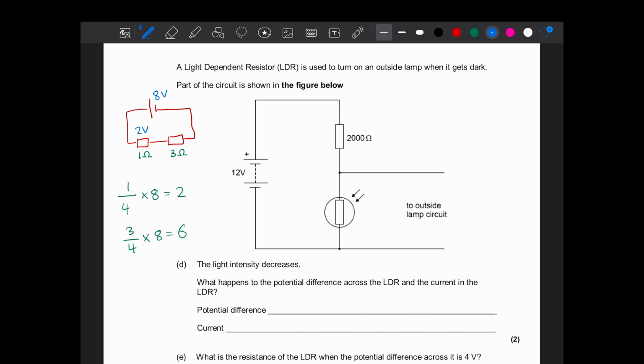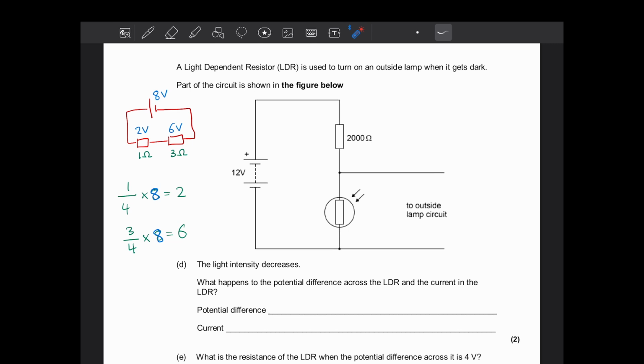So I've got 6 volts across the second resistor. Just to explain what I was doing again, I got 8 because that is the potential difference of the power supply over here. That's what's being divided. I got the 4 in the denominator because I was just adding their resistances, 1 and 3. And I got 1 and 3 for each individual resistor.